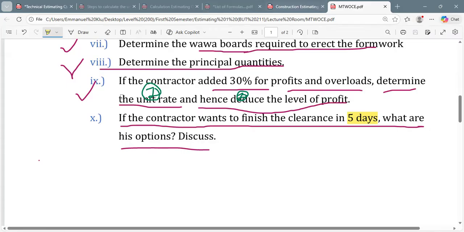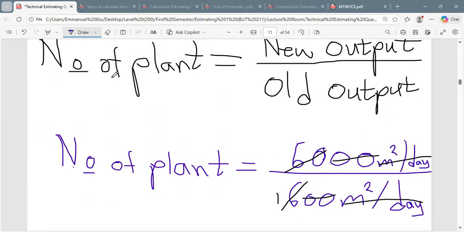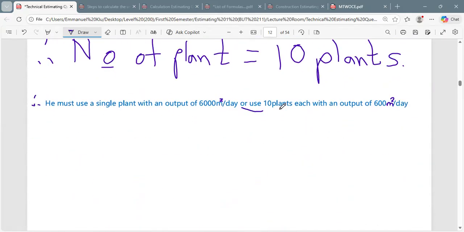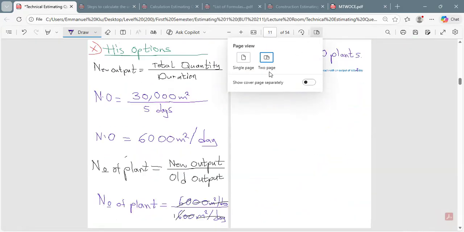Discuss. Now we've done our calculation. If he wants to use a single plant, he's going to need a plant with an output of 6,000 meters squared per day. Or if you want to use 10 plants, then each of the plants can have 600 meters squared per day. So this is how far we have come.